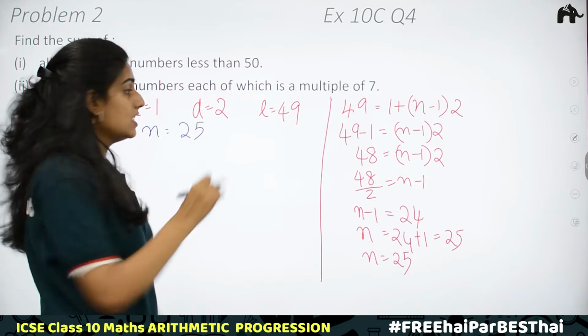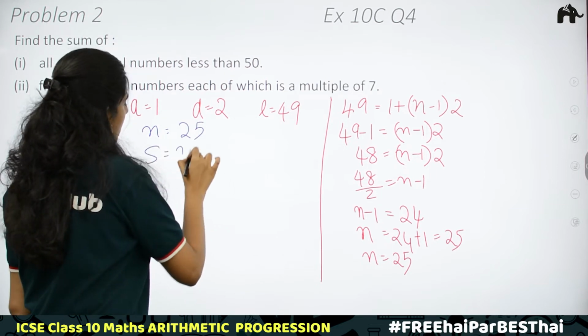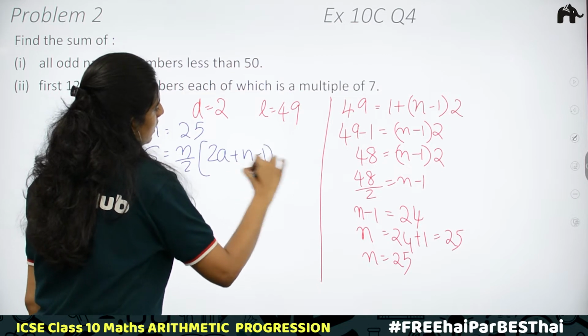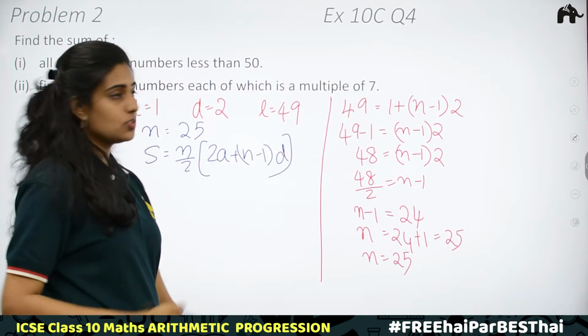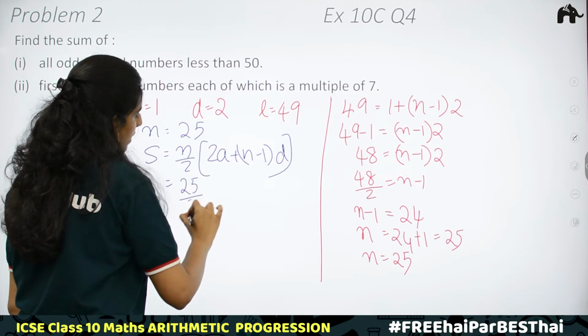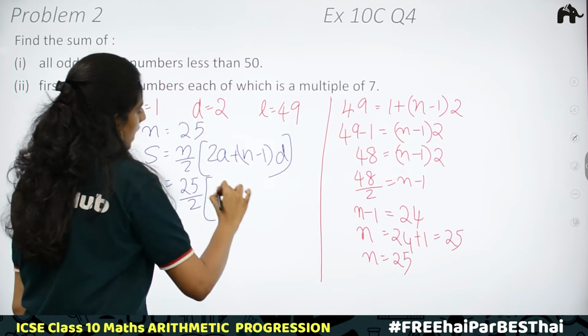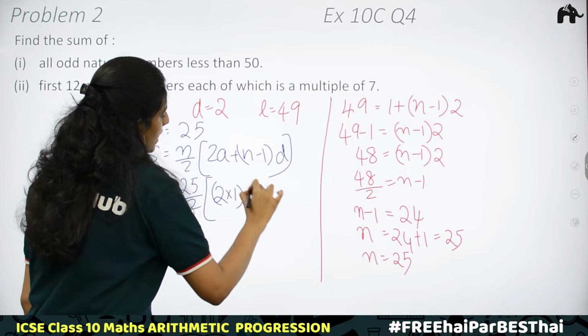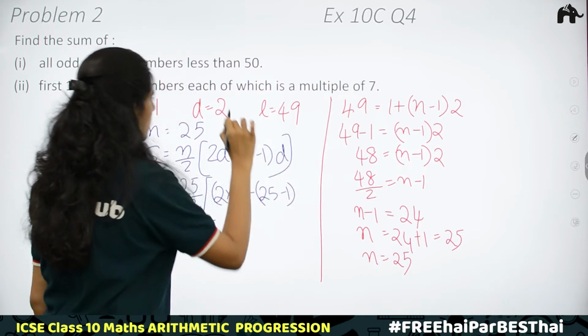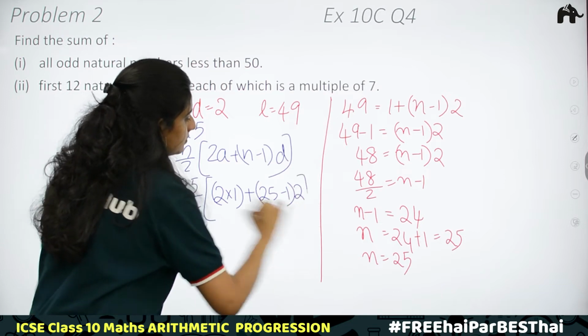Now we can find the sum. S is equal to n by 2 into 2a plus n minus 1 into d. Substitute the values. What is n? n is 25 divided by 2 into 2a, 2 into 1, plus n minus 1, 25 minus 1, into d. d is 2.